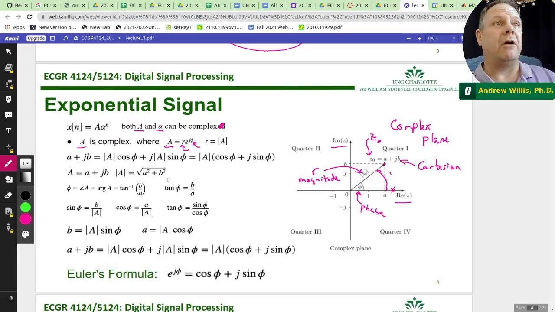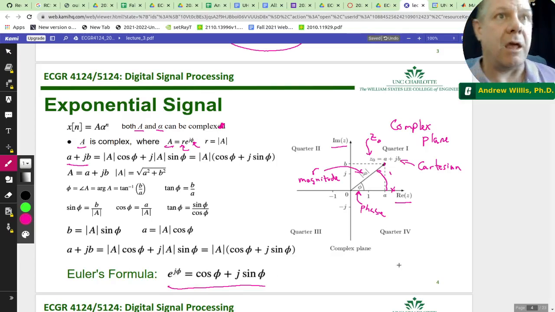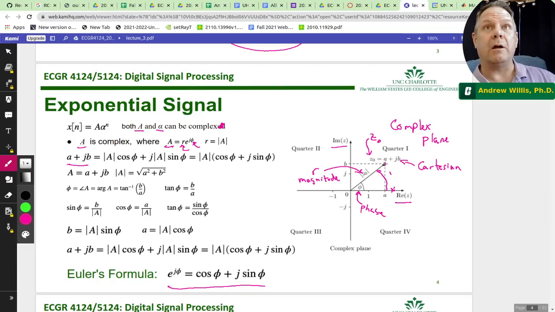Okay, so a very important relation that's part of these coordinate systems is Euler's formula. So again, I'm just going to quickly go over a plus jb, the magnitude of a. If we use Euler's formula, you can see it as just trigonometry 101. If we're taking the cosine of phi, what is the cosine of phi in this trigonometry problem?